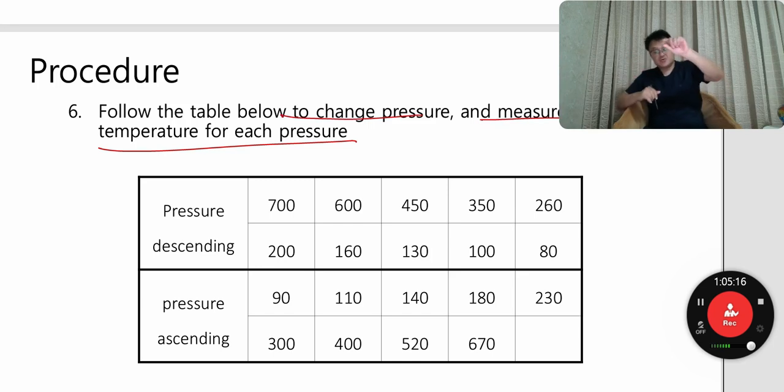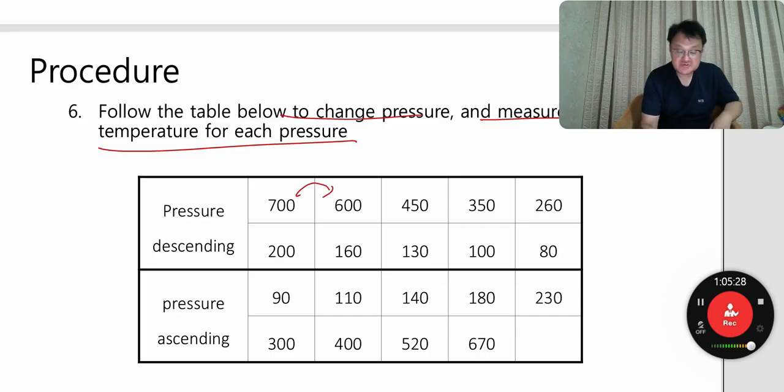And then I showed you that there is a tube which goes to the vacuum pump, right? So you run the pump, decrease the pressure, and then do the experiment again, warm up the liquid and see the boiling of the liquid, and then you measure the temperature.